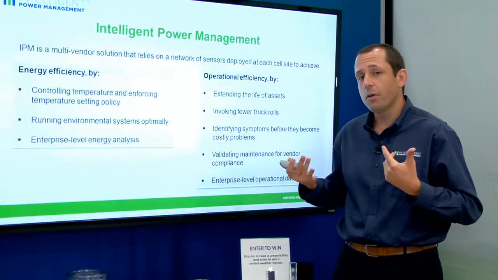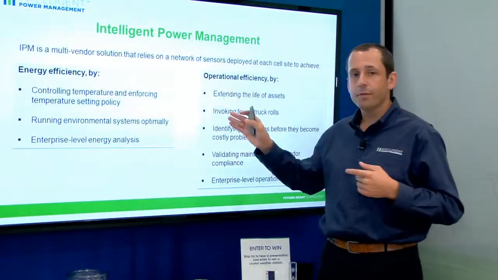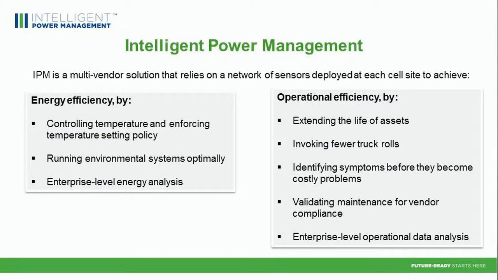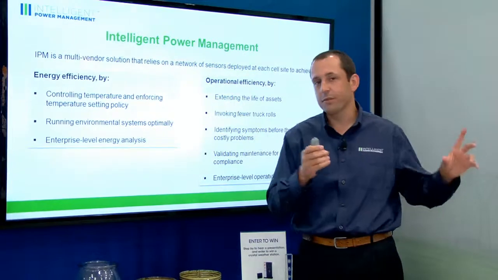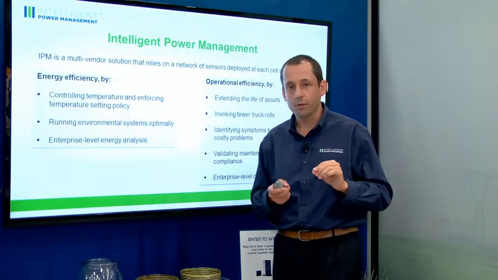And that's what we are promoting here with the Intelligent Power Management solution. Our IPM solution is multi-vendor, completely agnostic from a vendor perspective, from a technology perspective. Virtually anything that has current passing through can be monitored, and in most cases it can also be controlled.